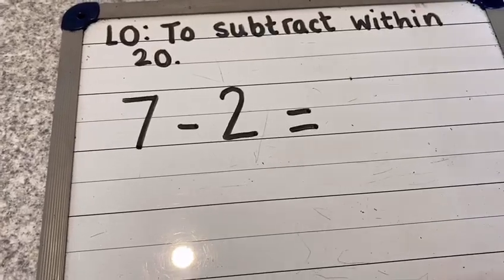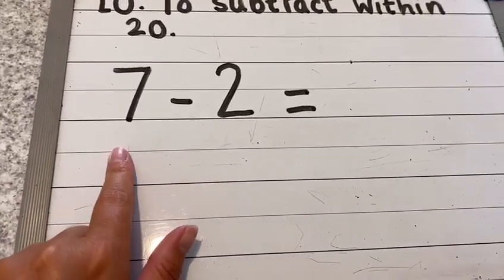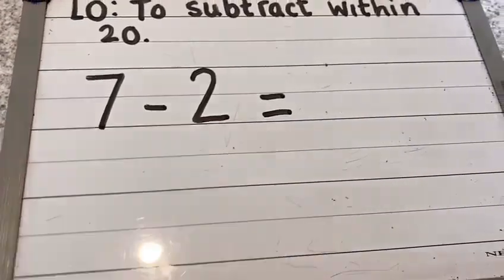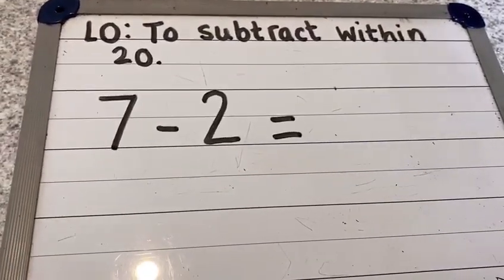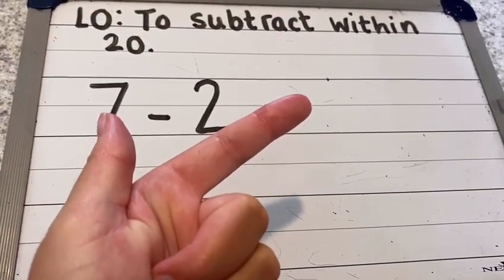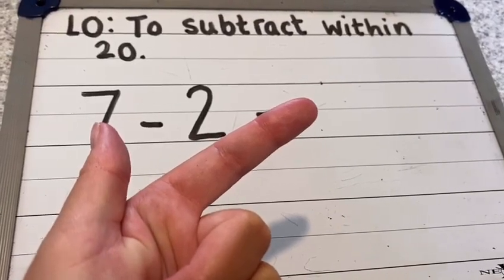But we're subtracting now, so we're going to count backwards. So I'm going to put 7 in my head, and I'm going to subtract 2, so I'm going to count back 2, just like this. 7, 6, 5. And I know my answer is 5, just from using my head, counting backwards.